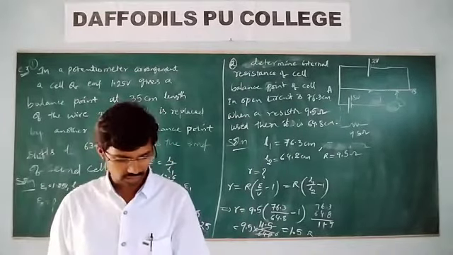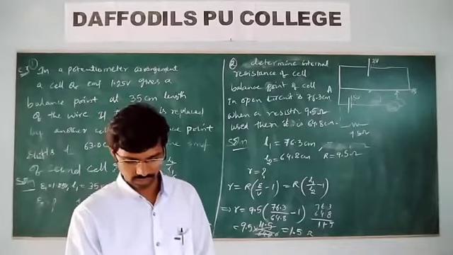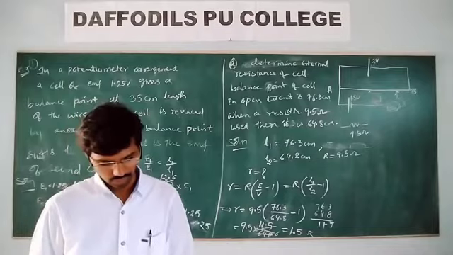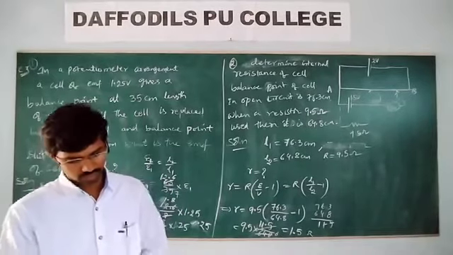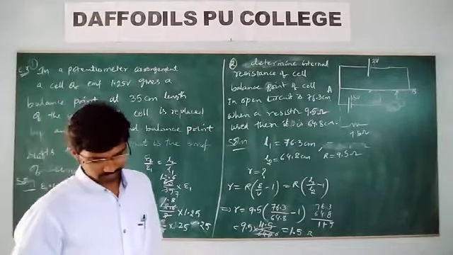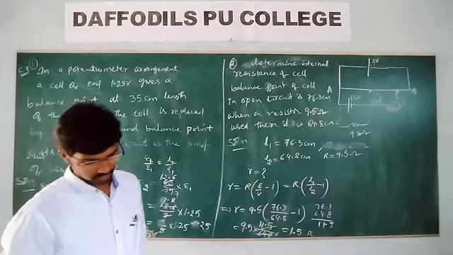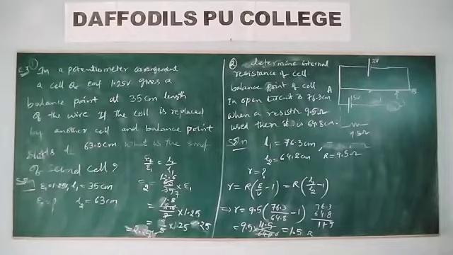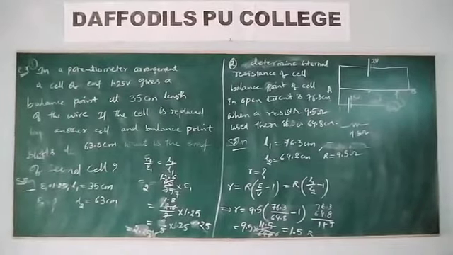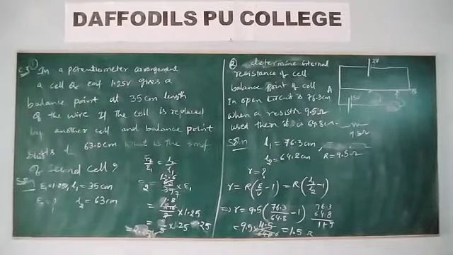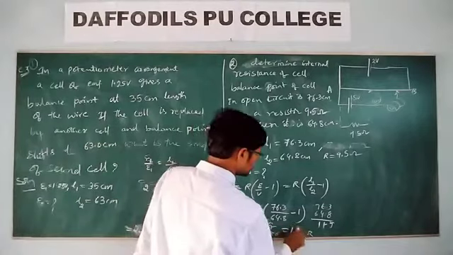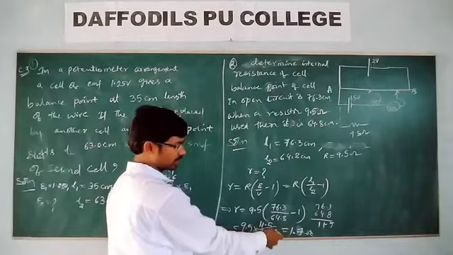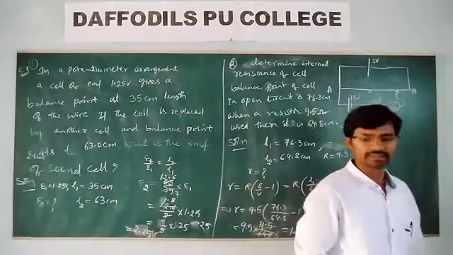But the exact value is different. We have done an approximation, so when you calculate correctly, you get 1.7 ohm.